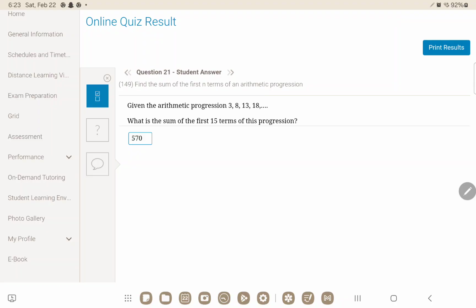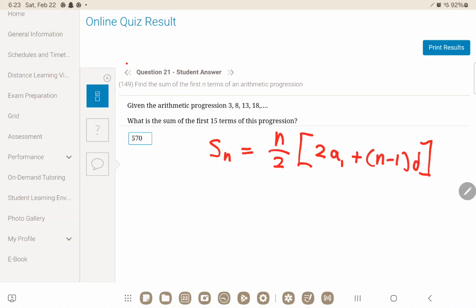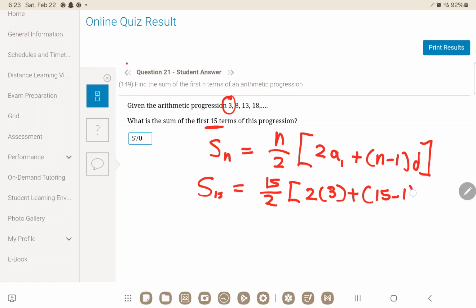Okay, for this one we need to use a different formula, which is Sn is n over 2 into 2 times A1 plus n minus 1 times the difference. Memorize it. The sum of the first 15 terms: they want the sum of 15 equals 15 over 2 into 2 times the first number, A1, which is 3, plus n, which is 15, minus 1 times the common difference.